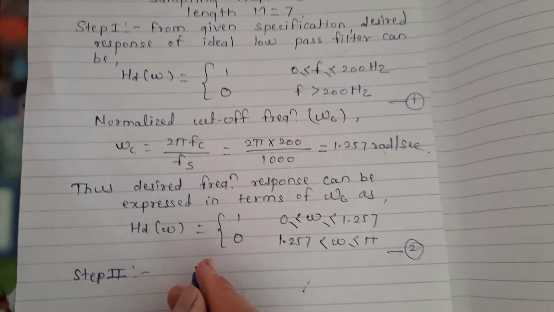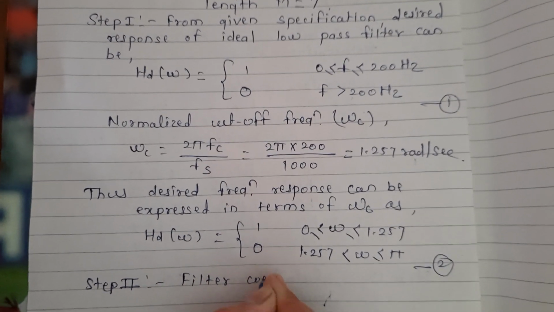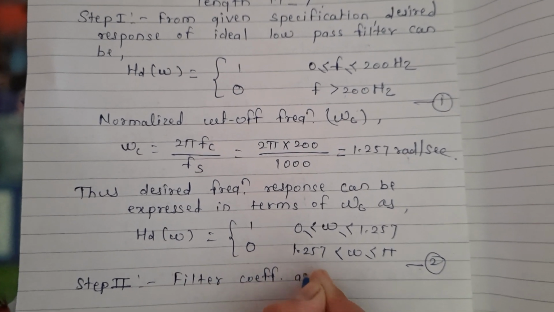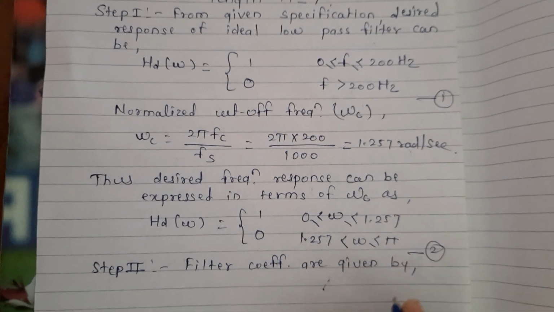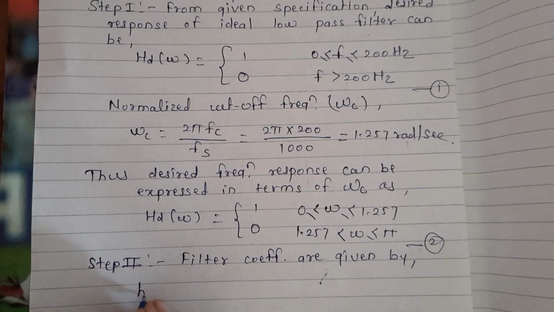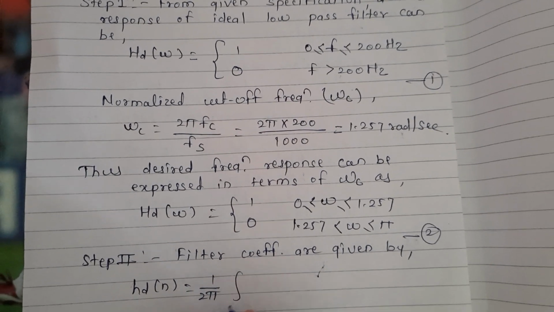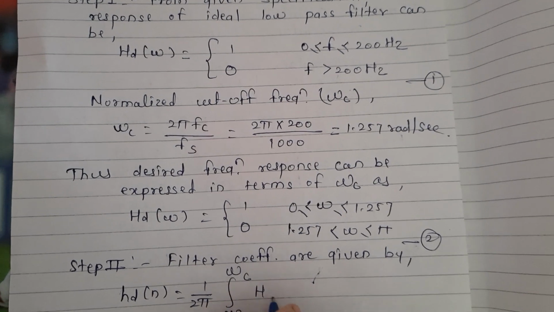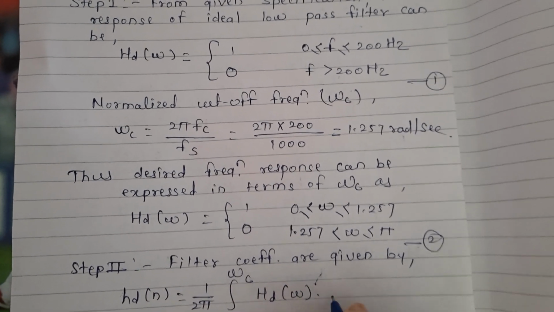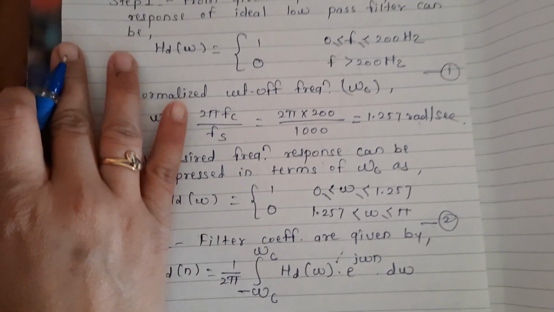Step 2 is filter coefficients are given by hd of n is equal to 1 by 2 pi integral from minus omega c to plus omega c of hd of omega e raised to j omega n d omega.